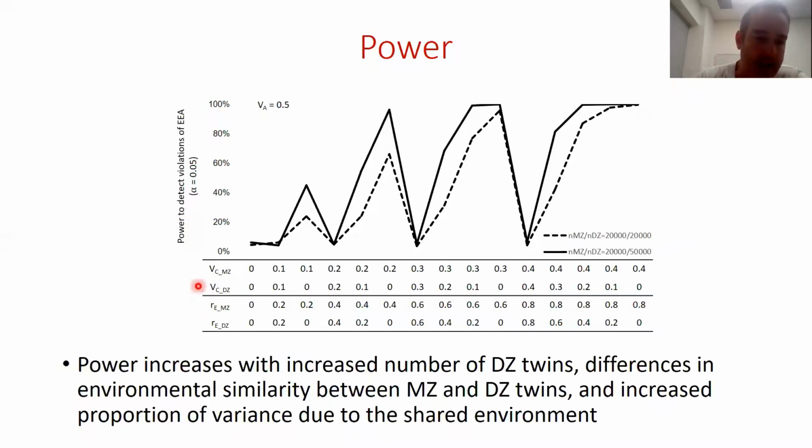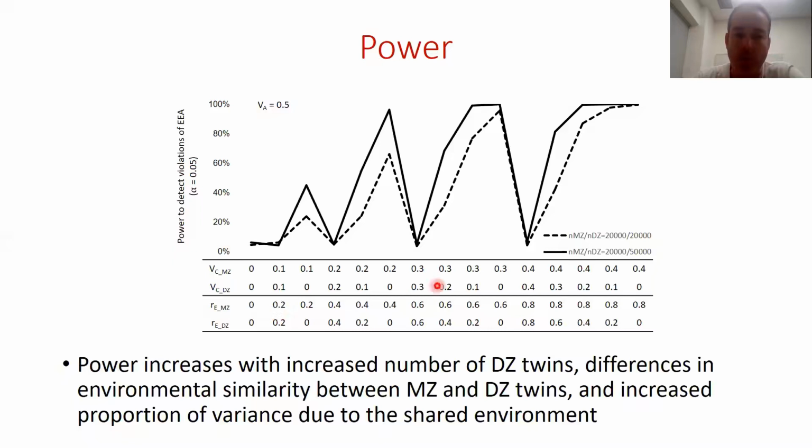So either the variance components formulation, so the x-axis is written in terms of the common environmental variance of MZ and DZ twins, but also underneath that is written the equivalent path coefficients formulation. So rather we're looking at the correlation between the environmental factors in MZ and DZ twins.